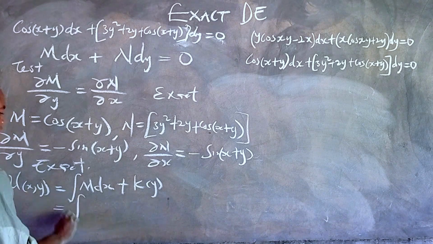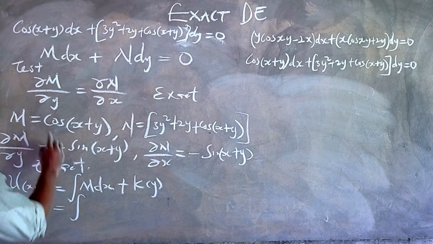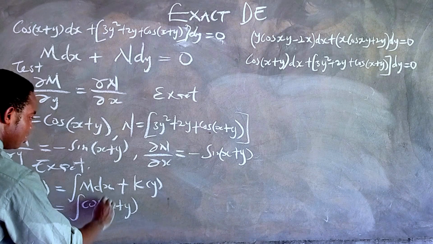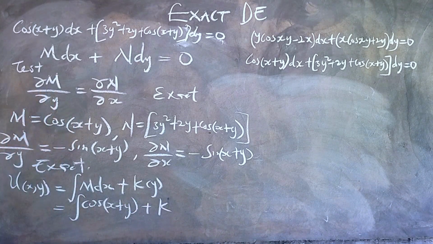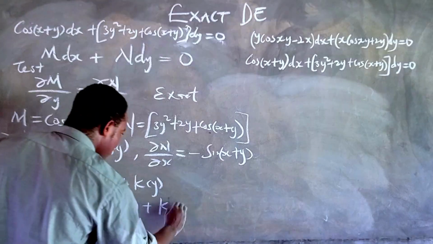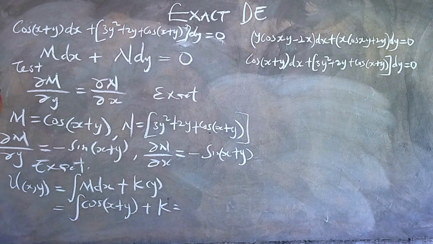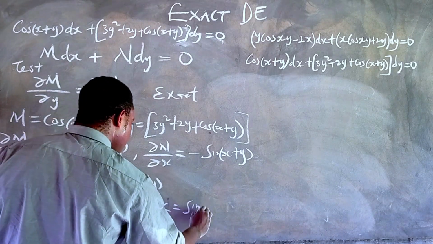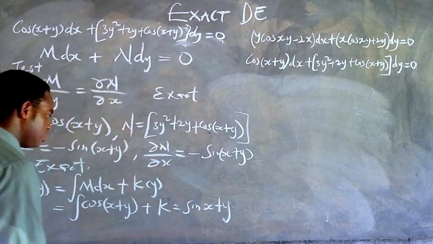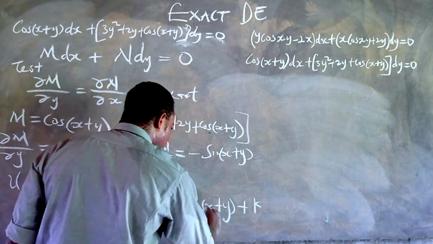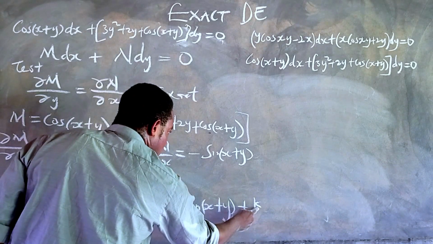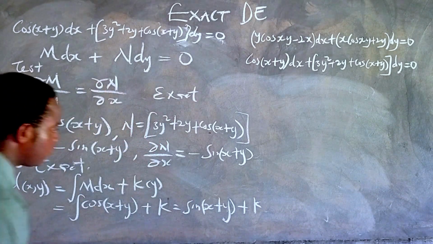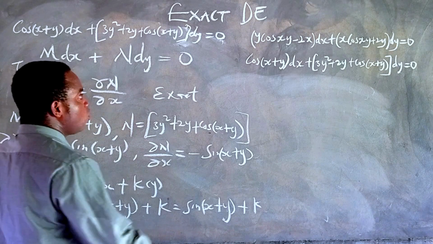So we evaluate the integral of cos(x+y) with respect to x plus k. The integral of cos(x+y) with respect to x is going to be sin(x+y), plus k. So we are left with one problem now, to find k, and that would give us the function u.